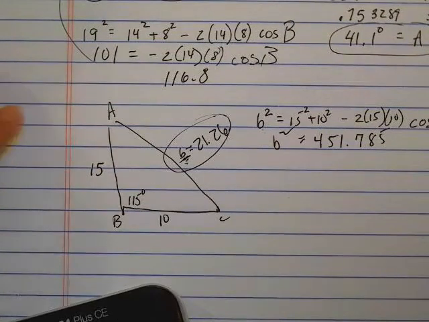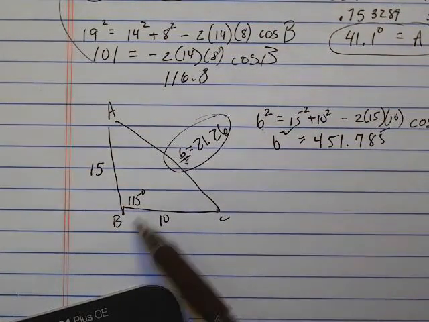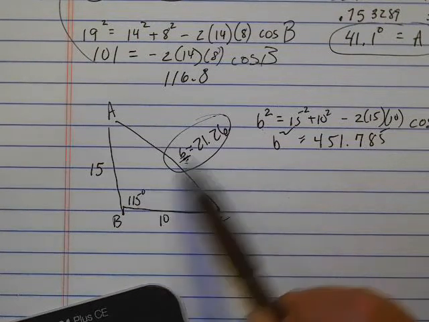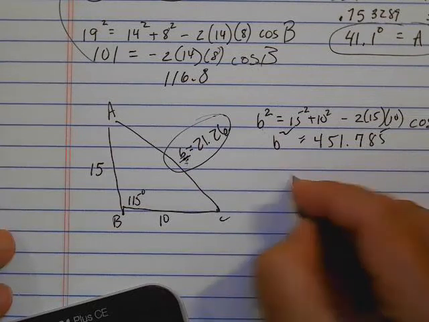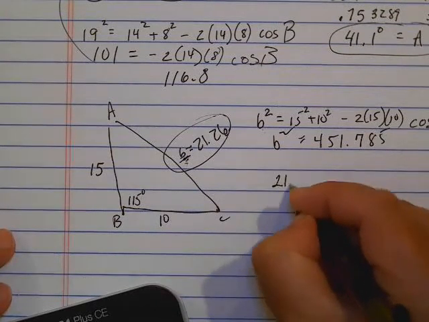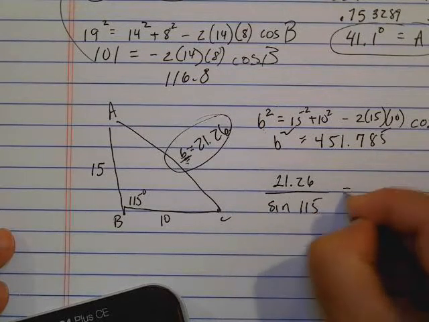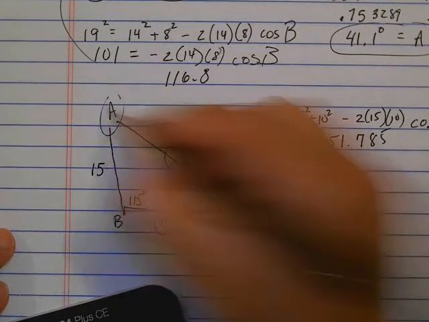So that makes sense. This has to be the biggest side because our angle couldn't be any bigger than 115. So now that I know this angle and this side, I can use law of sines. So I'm going to do 21.26 over sine of 115 equals, and I'll just find angle A here.